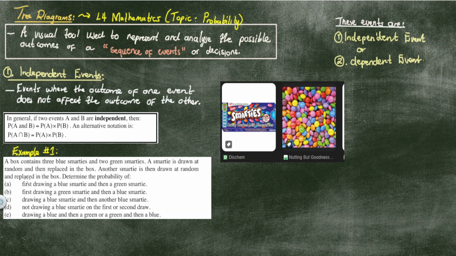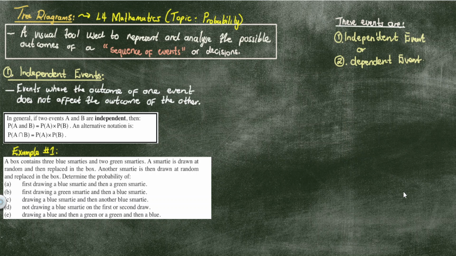So here in this example 1 they gave us a box that contains three blue smarties and 2 green smarties. The others have already been eaten, leaving just these two colors. So a box contains 3 blue smarties and 2 green smarties. A smartie is drawn at random and then replaced in the box.